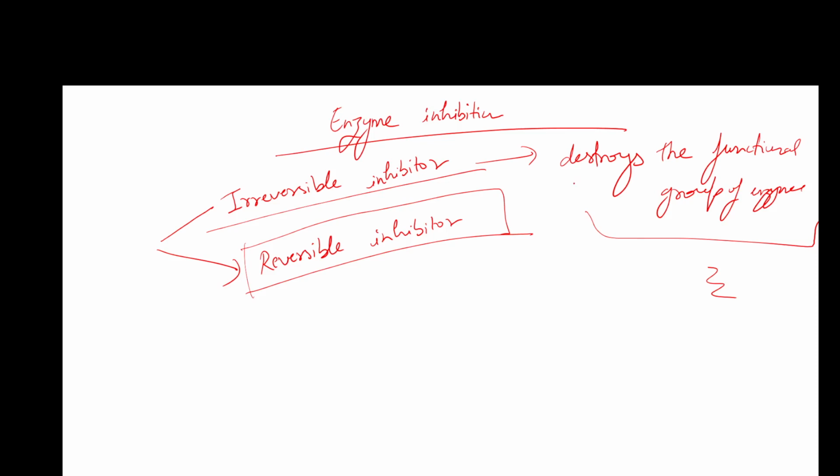So as I'm talking about the irreversible inhibitor first, there are different irreversible inhibitors which we'll be talking about. First of them is DFP, which is diisopropyl fluorophosphate.